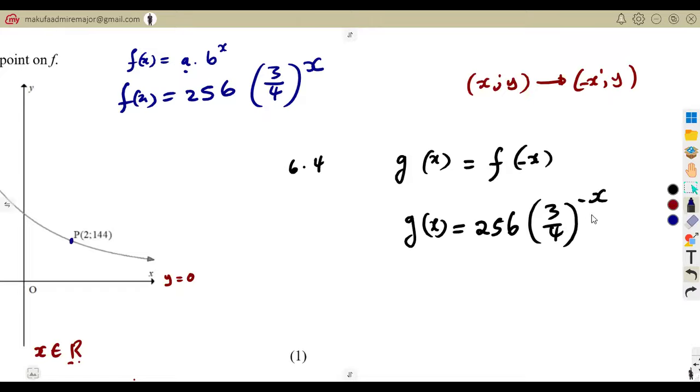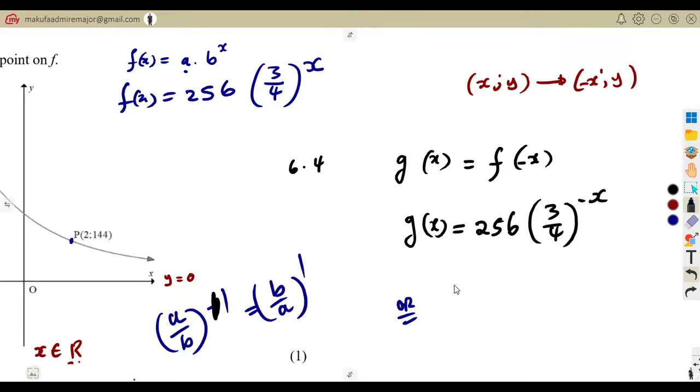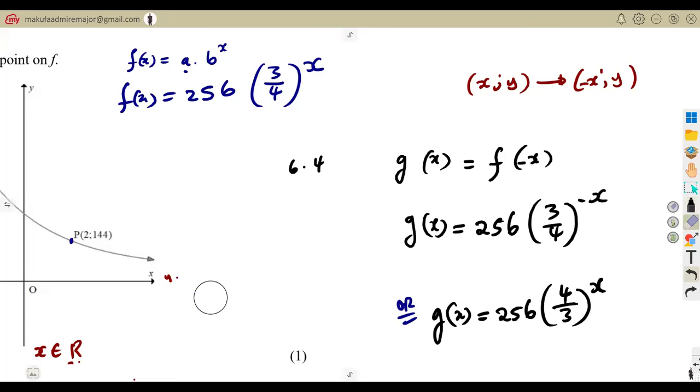As we consider our exponents, remember, to the exponent of a negative, you can also interchange the bracket: a over b to the exponent of negative 1 is the same as b over a to the exponent of 1. So meaning to say we can interchange and remove the negative. So g of x also could have been written as 256 times 4 over 3 to the exponent of a positive x. You can also have it written that way. That's a reflection that we are seeing.